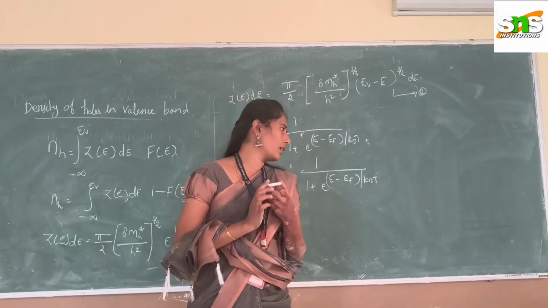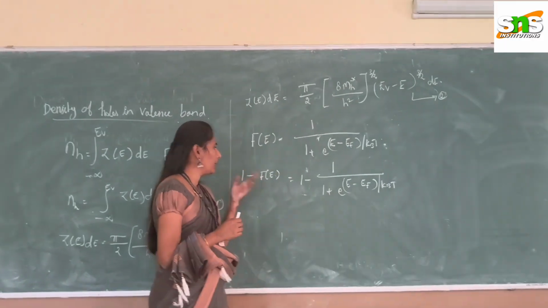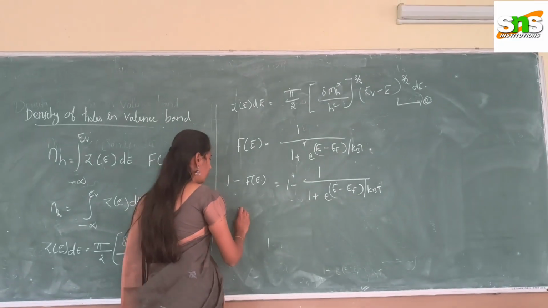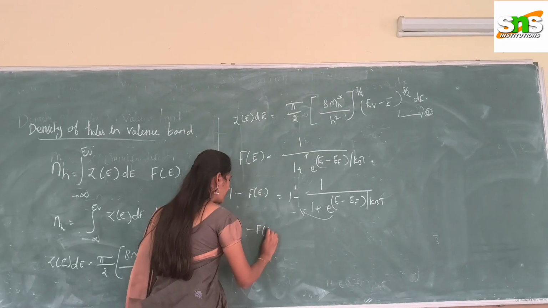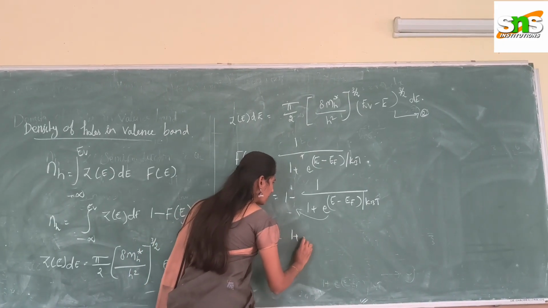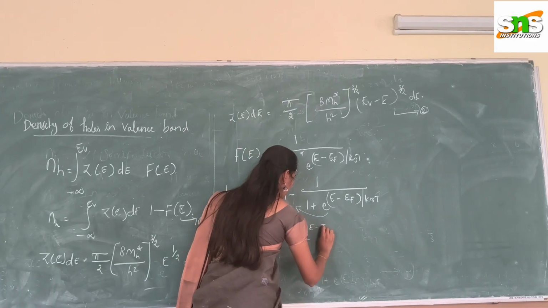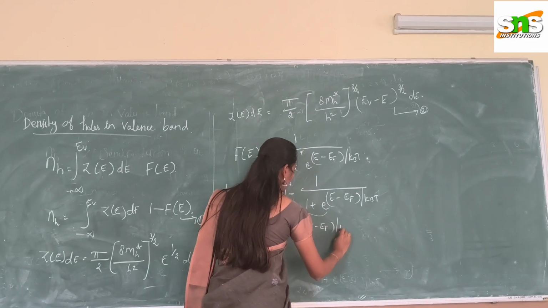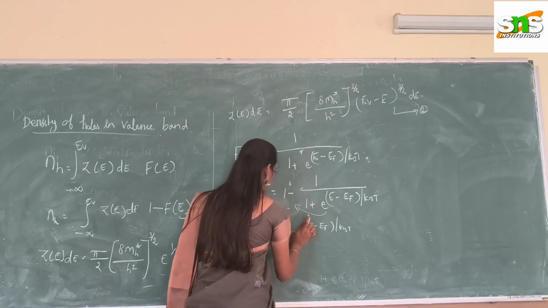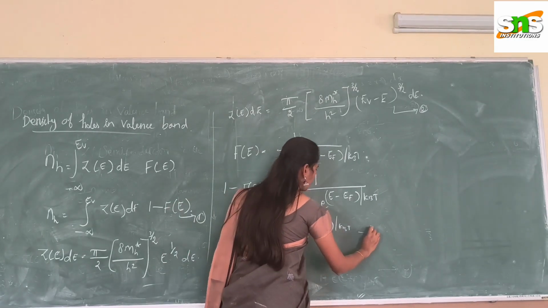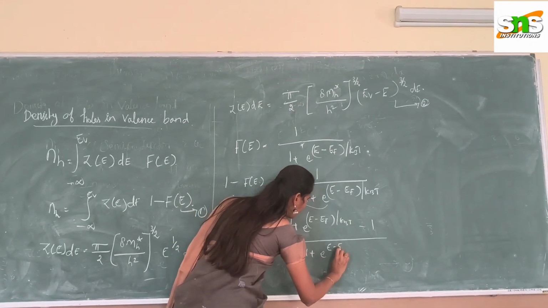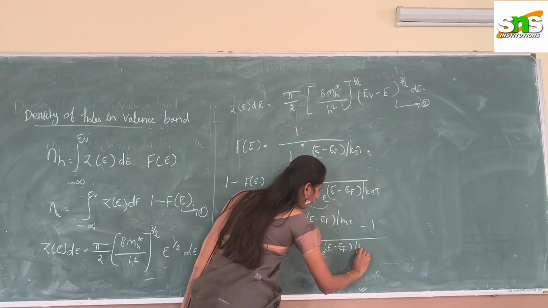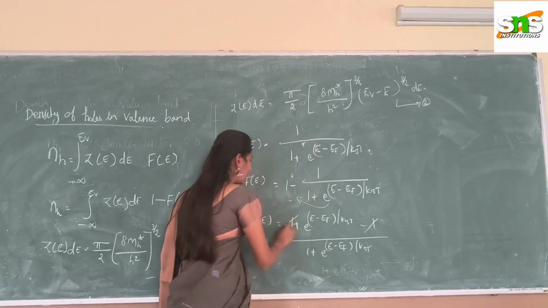In the previous class we discussed how to find the value of 1 minus f(E). Cross multiplying, 1 minus f(E) is equal to [1 plus e^((E minus E_F)/kT) minus 1] the whole divided by 1 plus e^((E minus E_F)/kT). Here, minus 1 and plus 1 get cancelled.